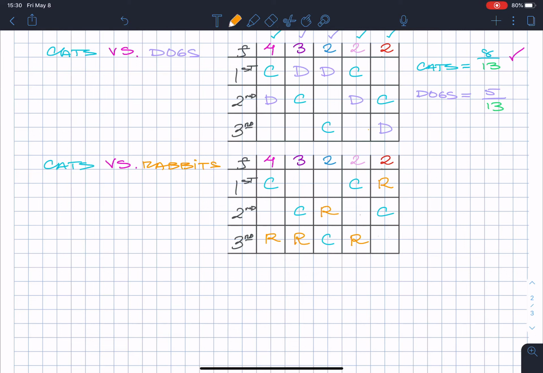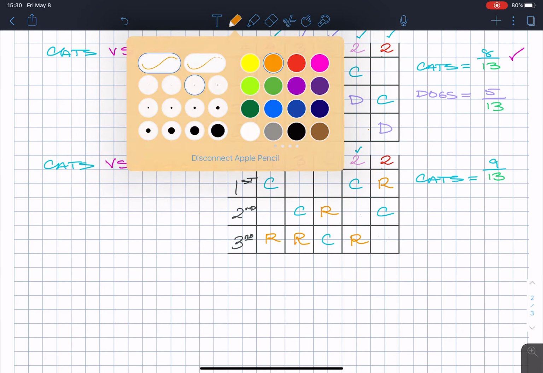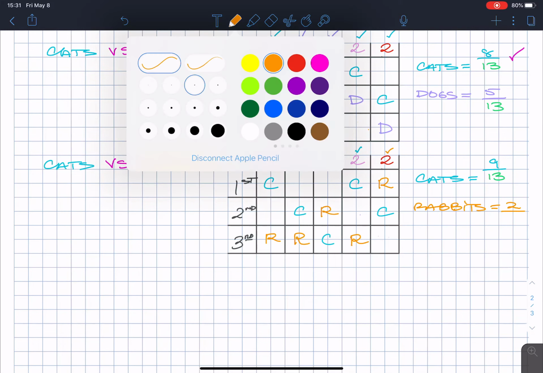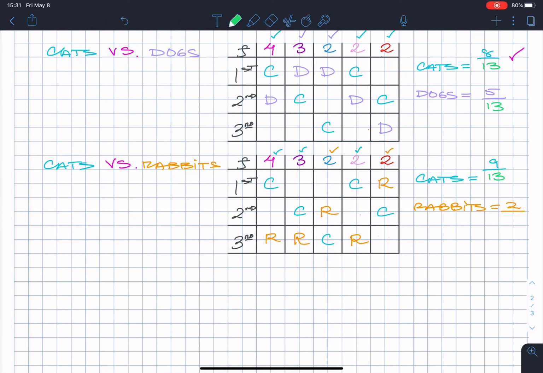What do cats have in this one? They have 4, plus 3 is 7, plus 2 is 9. So cats will be 9 out of 13. And rabbits will be 2, 4. Sorry, 4 out of 13. Addition, not my strong suit.